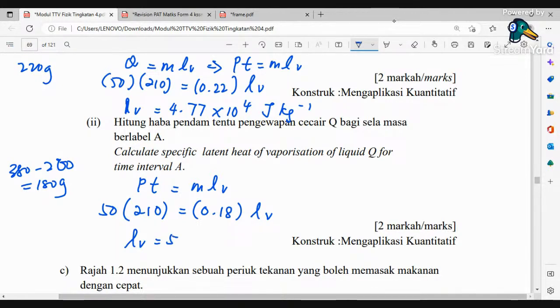So you will get 5.83 × 10^4 joule per kg (J kg^-1). So from here you can see the specific latent heat of vaporization for Q is larger than P. Okay, so this is the calculation.